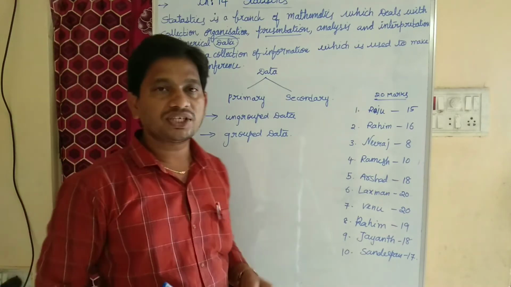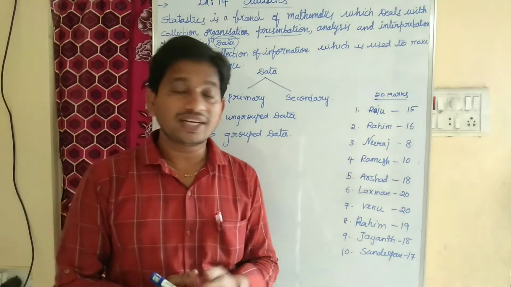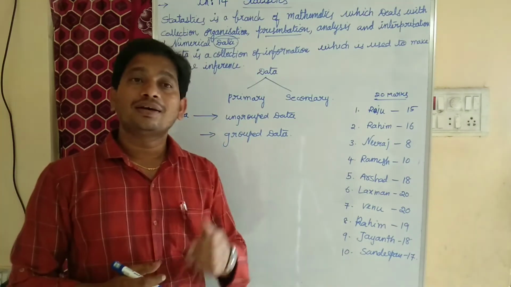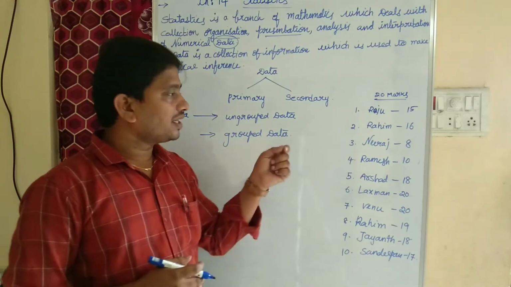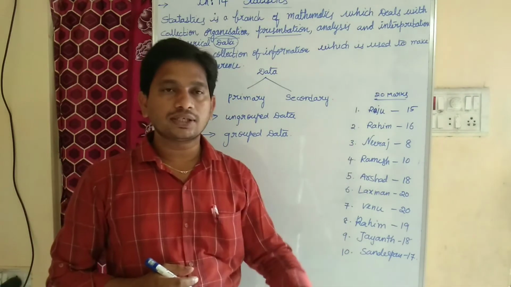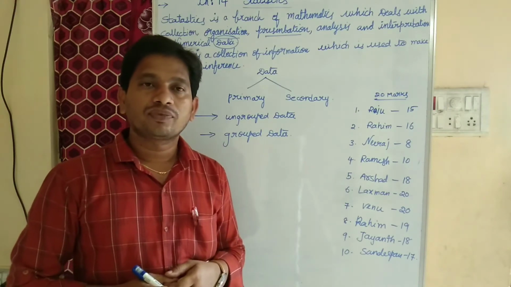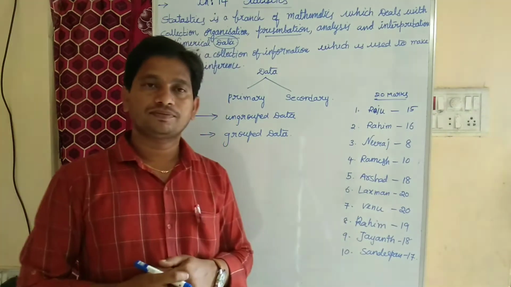See, if the information is vast, for example, in a class there are 120 members. If we collect each and everyone's individual marks and arrange them in a table, it takes space and is also time consuming.